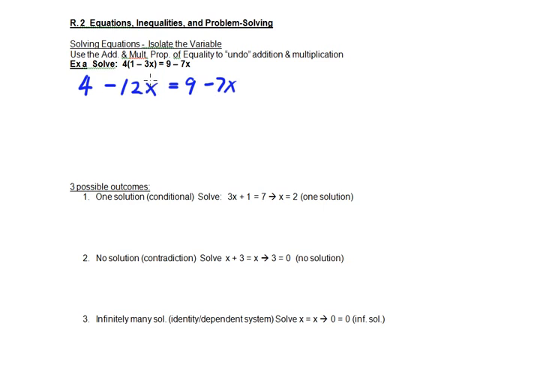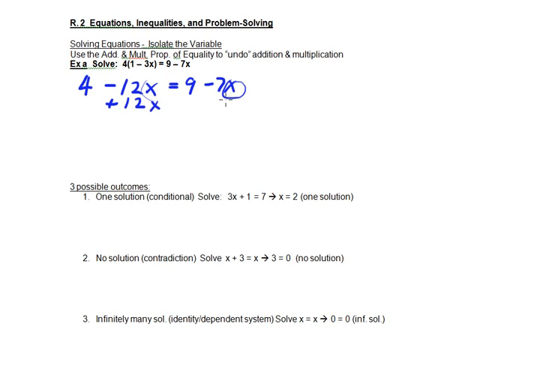So as we look at the variable, we see that there are x's on both sides of the equation, and we want to get rid of one of the terms containing the x. So the coefficients over here are negative 12 and negative 7, and even though the magnitude of the negative 12 is greater, because it's a negative number, it's actually a smaller number, so I'm going to get rid of this term by adding 12x.